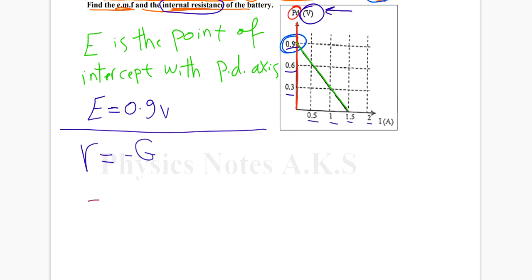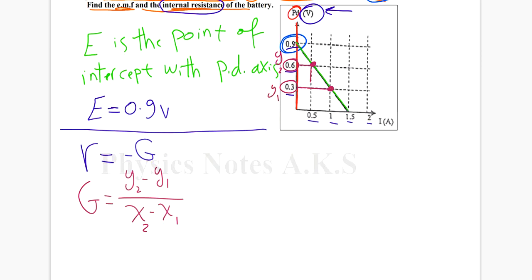So the gradient, we write the formula y2 minus y1 over x2 minus x1. We choose any 2 points from the graph. I'm going to choose this one and this one. So here this one will be y2, and here y1.